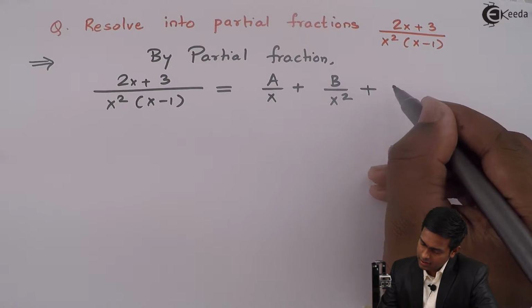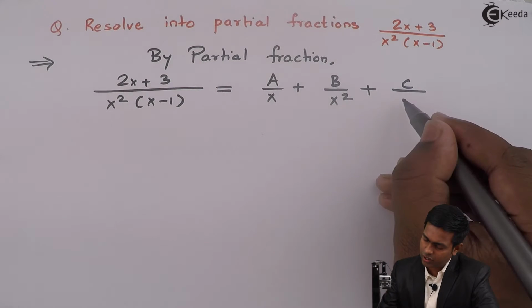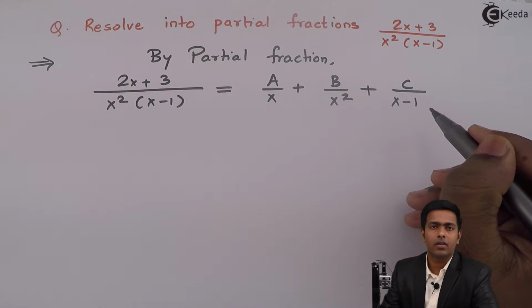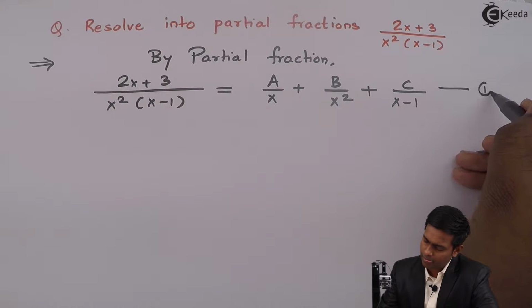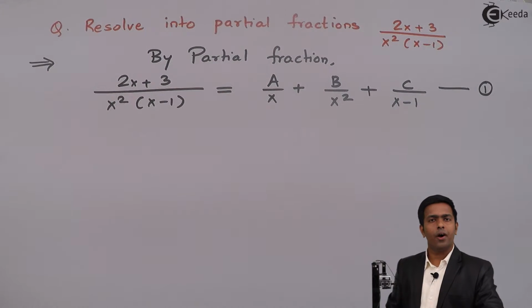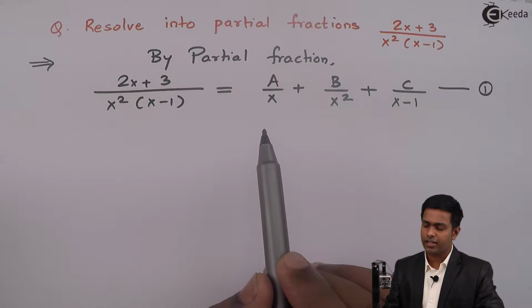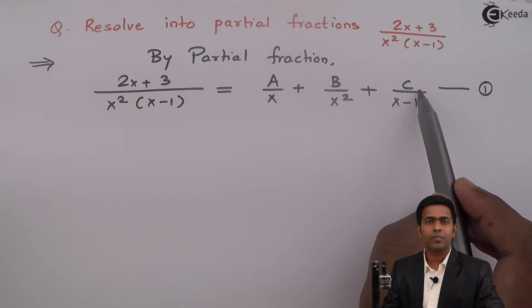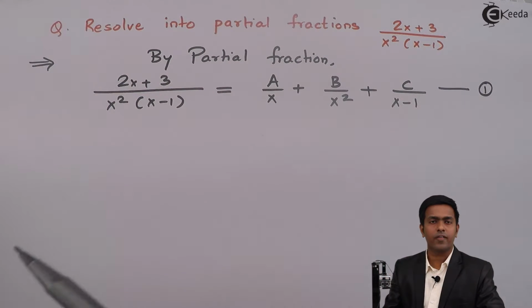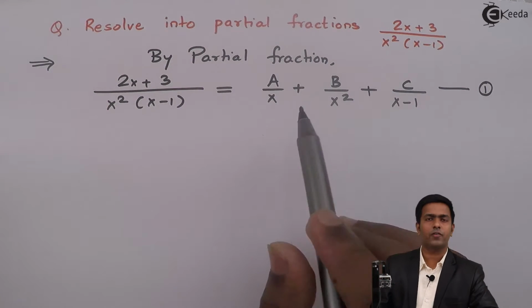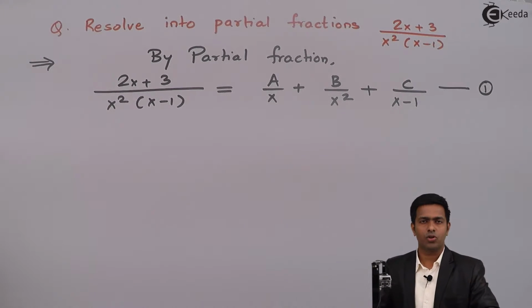Next, plus C upon x minus 1, as the third factor is also linear. I will say this as equation number 1. Now, as usual, we will substitute different values of x to get the values of A, B, C, and after substituting we will get the partial fraction for the given fraction. So let's start with it.